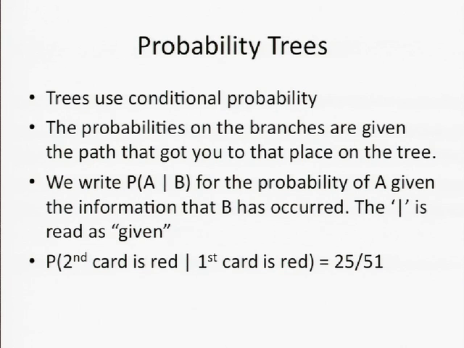So the probability of A given B is saying, knowing that B has happened, what's the chance that A could happen? An example from last Friday is the chance the second card is red, given the first card is red. Says, okay, I know I was drawing without replacement. There are 51 cards left in the deck, and I know 1 red is missing because it was drawn the first time, and that would be 25/51.